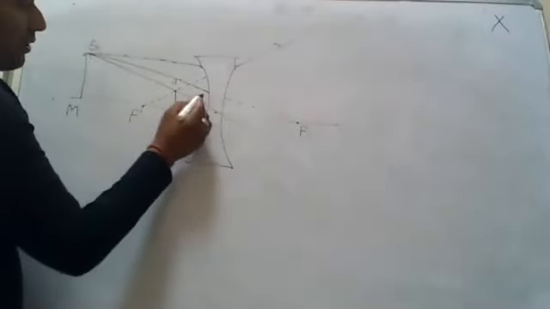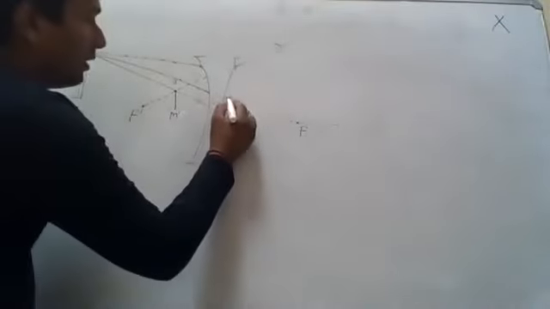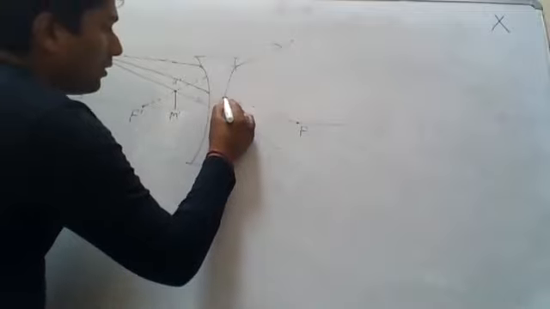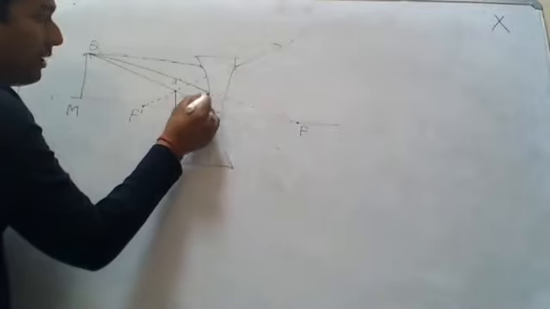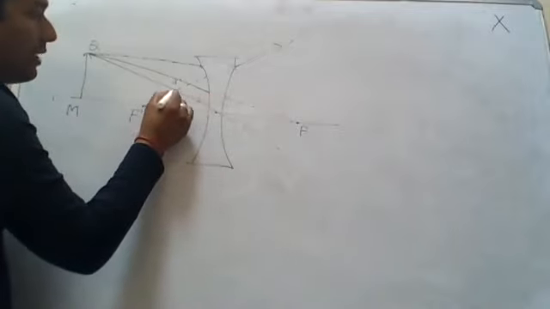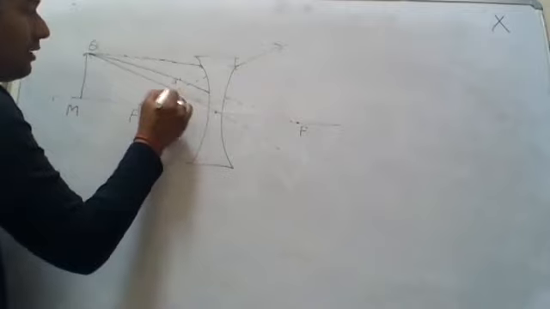After refraction, because it is going towards the focal point, it becomes parallel. And when we draw the parallel light back, it will also cut at this point. Then it confirms that the image will form at this point.